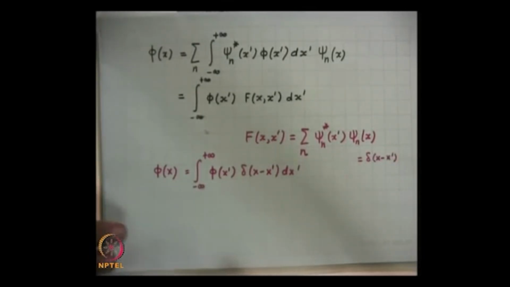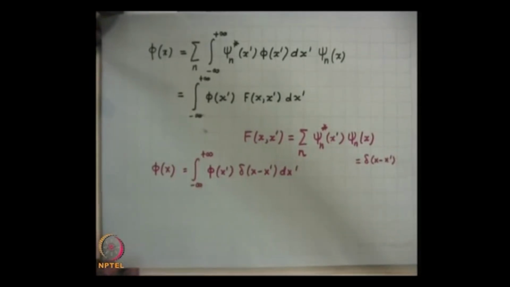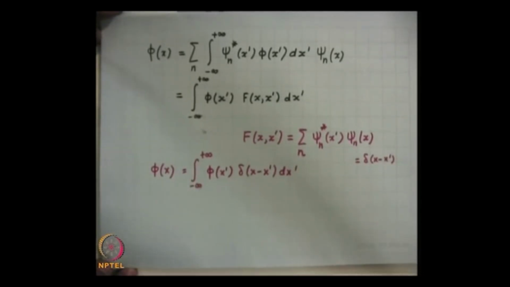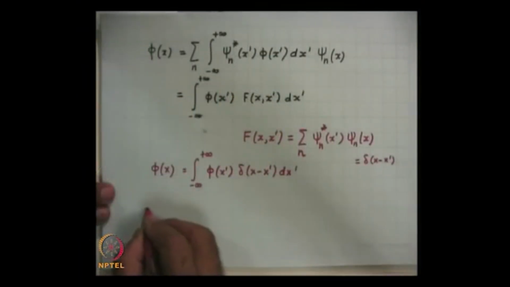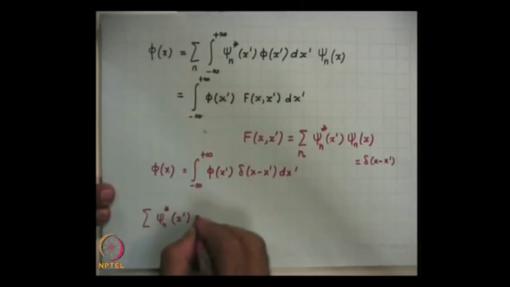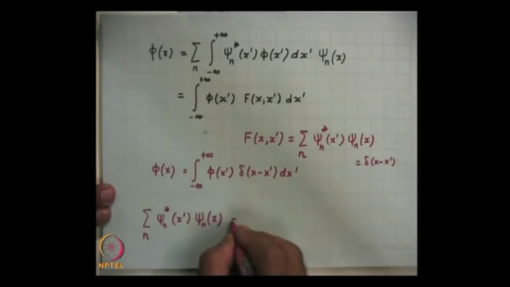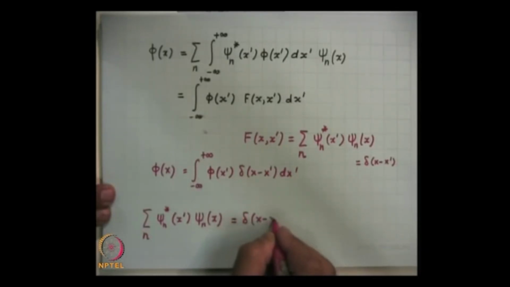This condition is often known as the completeness condition. That is, the eigenfunctions of the Hamiltonian operator form a complete set of orthonormal functions, and we say this through the following equation: the summation of psi n star of x prime psi n of x summed over n is equal to delta of x minus x prime.